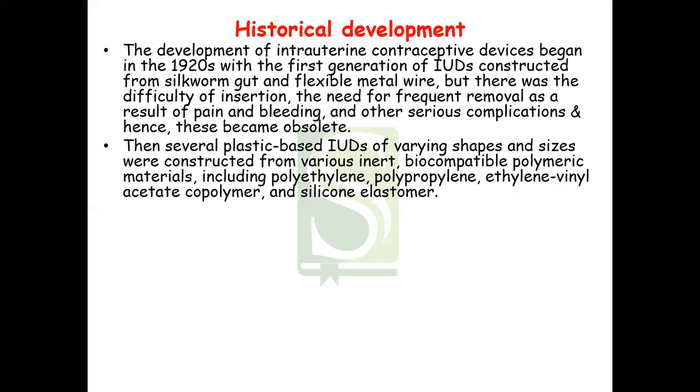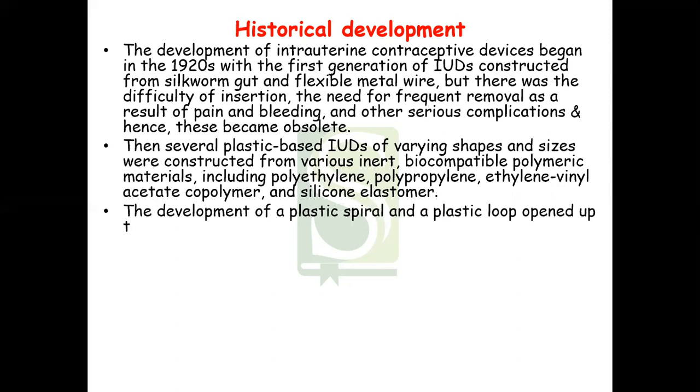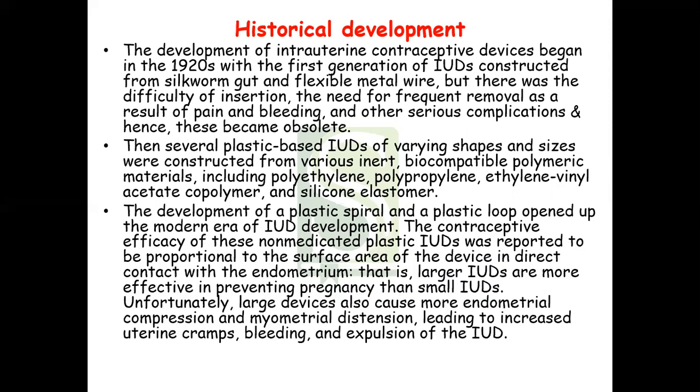Then several plastic-based IUDs of varying shapes and sizes were constructed from various inert biocompatible polymeric materials, including polyethylene, polypropylene, ethylene vinyl acetate copolymer, and silicon elastomer. The development of a plastic spiral and a plastic loop opened up the modern era of IUD development.